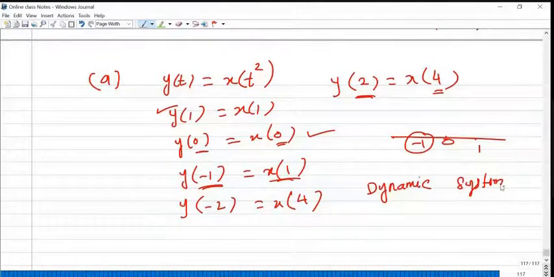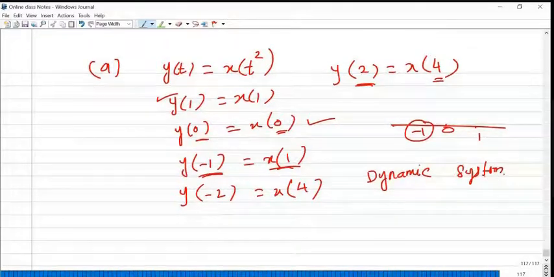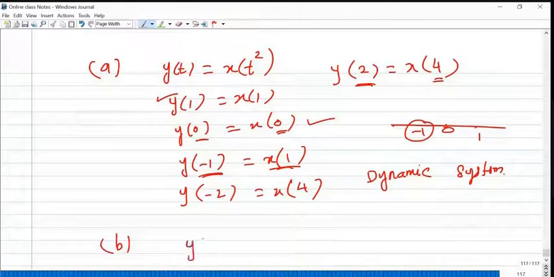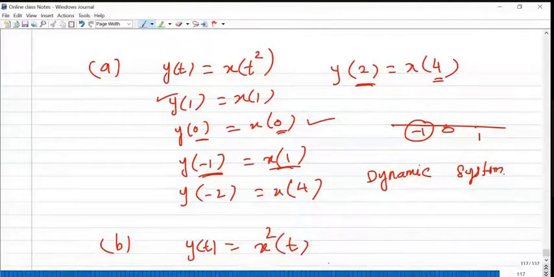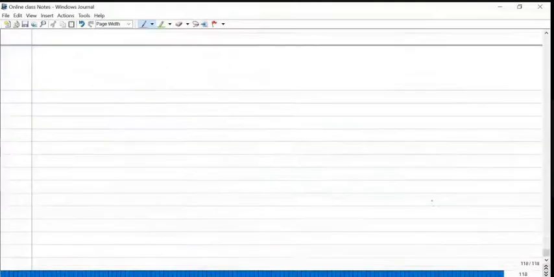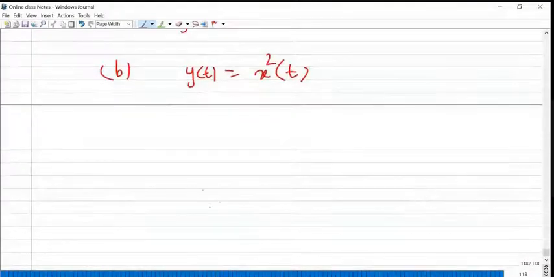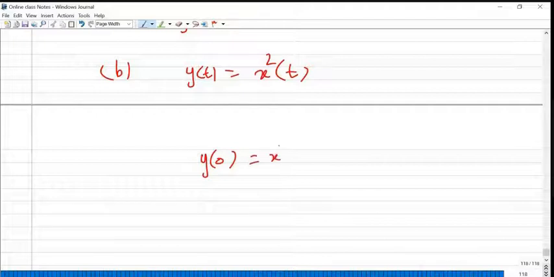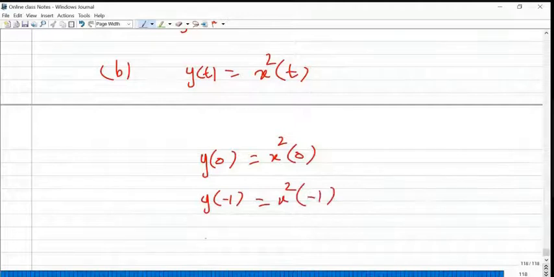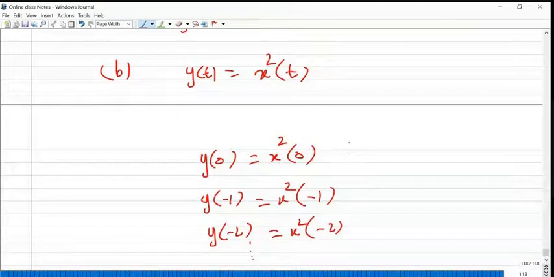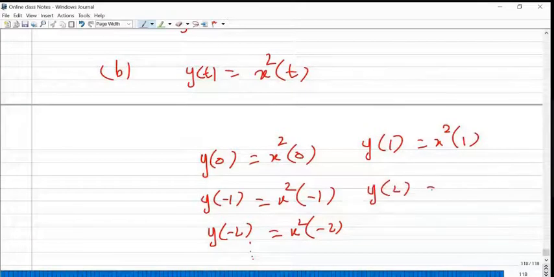So x of t square, x square of t, both are different. Okay. Same, y of t equal to x square of t. This is static system. How is it static system? At t equal to 0, x square of 0, y of minus 1, x square of minus 1, y of minus 2, x square of minus 2, or y of 1, x square of 1, y of 2, x square of 2.